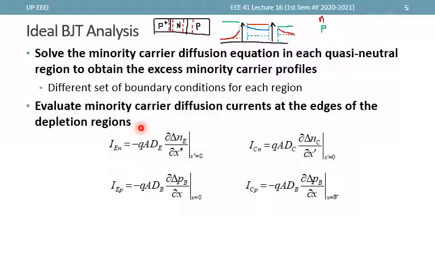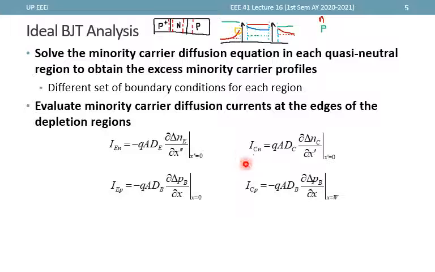So for the electron current at the emitter side, IEN is based on the derivative of the excess electron concentration at the emitter evaluated at x double prime equal to 0. So we want the slope of this thing right here.